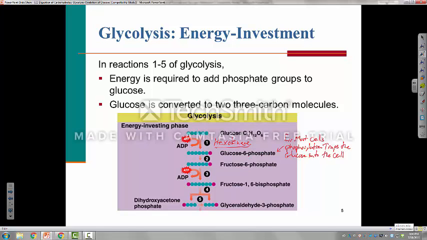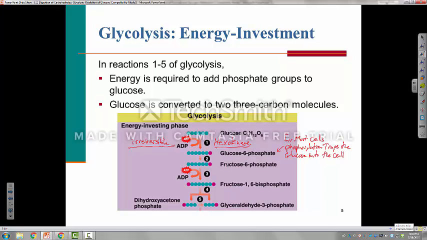There are a few cell types that do have a dephosphorylase enzyme which will remove this, but this reaction actually is irreversible. And I should mention that again. This is irreversible. Under normal cellular conditions, this reaction is only one way. You can't go back from glucose 6-phosphate to glucose.